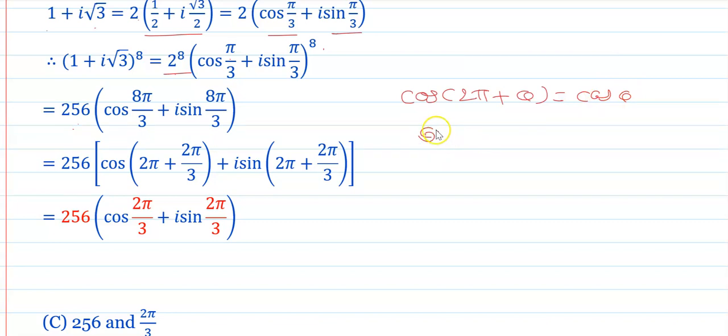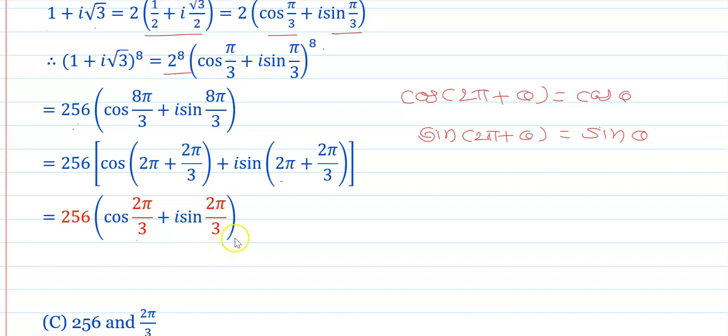And sin of 2 pi plus theta is equal to sin of theta. Similarly here, cos of 2 pi plus 2 pi by 3 is cos of 2 pi by 3, and sin of 2 pi plus 2 pi by 3 is sin of 2 pi by 3.